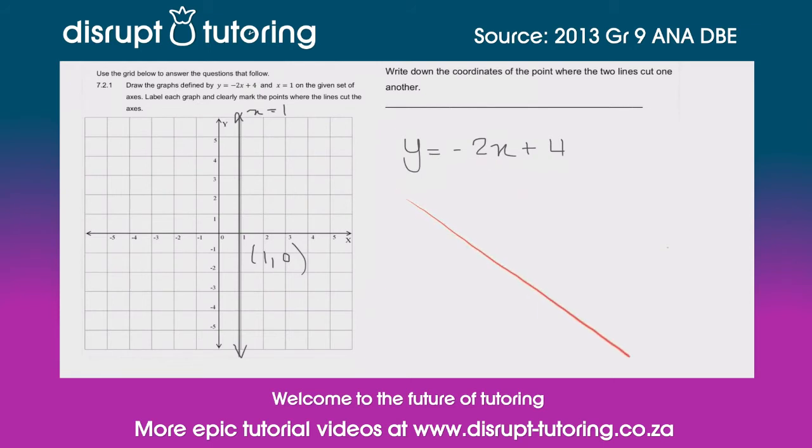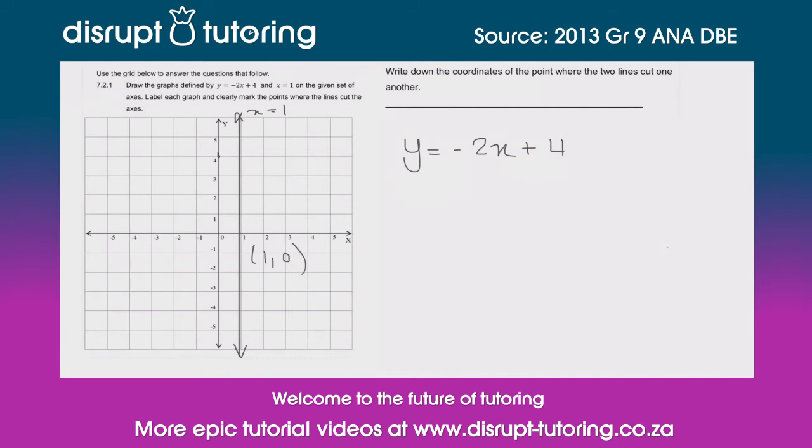So we're going to probably see a line that looks something like that. And then we've got plus 4. So plus 4 is our y-intercept. That means we can plot that immediately. So our y-intercept is going to be at positive 4. I'm going to make a little dot there. And that's where our line y equals minus 2x plus 4 is going to cross.